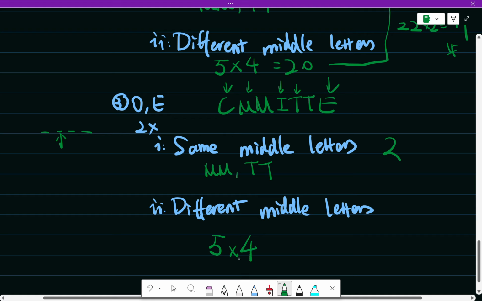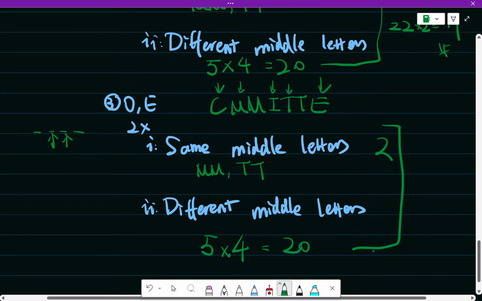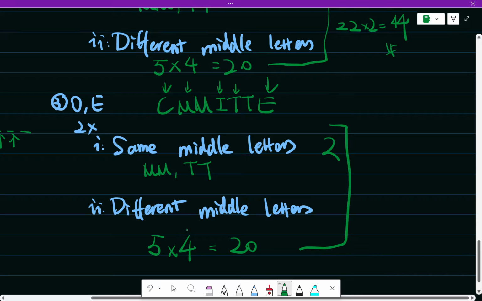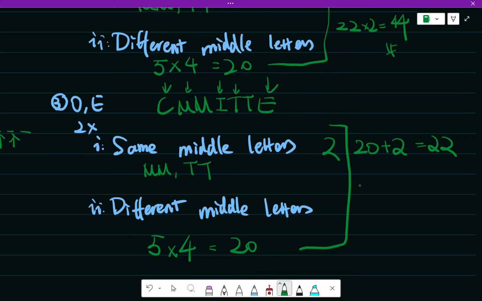And I will have 4 different letter choices for the next position, so in total 20. And since again these two subcases are mutually exclusive and parallel to each other, the total cases entailed by the 2 small subcases are 22, and then I can use 22 multiplied by 2 to account for the order of OE. I will have 44.